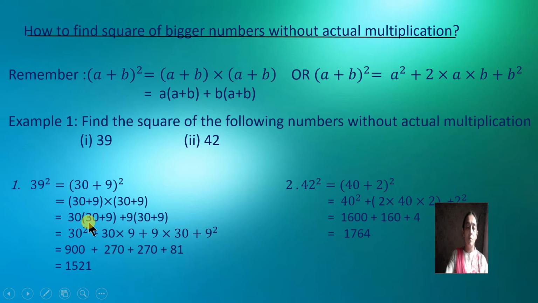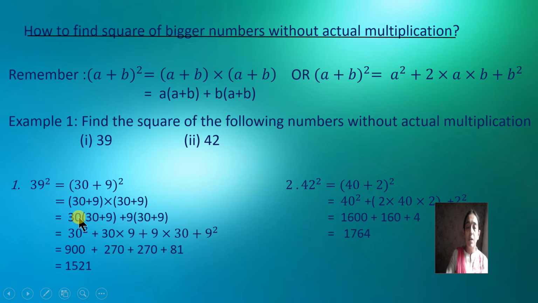So 30 into 30 is 30 square, and plus 30 into 9, because there is a plus sign in between. Now plus 9 into 30, and plus 9 into 9 is 9 square.